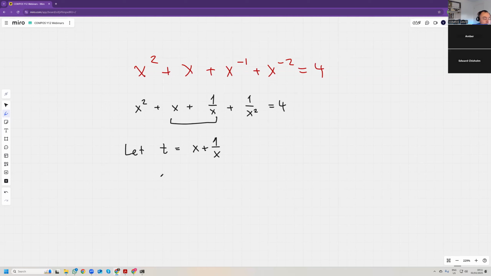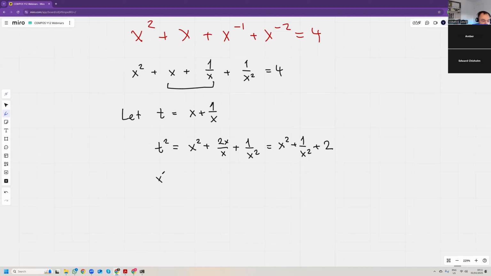And you'll see why. If you do t squared, that becomes x squared plus 2x over x plus 1 over x squared, so that is x squared plus 1 over x squared plus 2. That means x squared plus 1 over x squared can be replaced with t squared minus 2. And now we have a substitution.